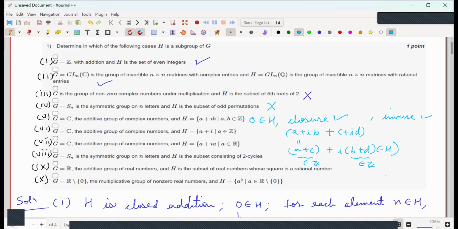There is also a version of it for fields which are not complex. But again, I don't want to confuse you more. So this iota is very specific. A and B are elements of Z, and for fields that are not C, there are something called degree 2 extensions in field theory.